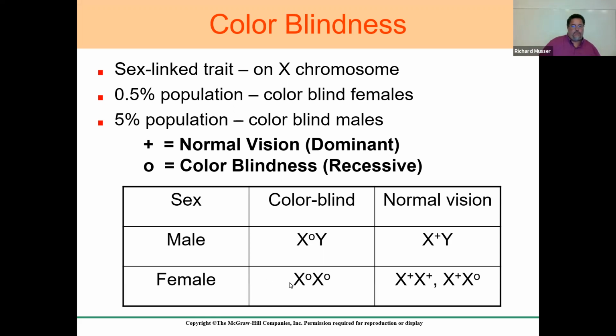While females are only colorblind if they get two X chromosomes with the defective gene. Maybe there's a benefit for colorblindness in some cases. I should be careful what we're using it, but the normal trait would be considered normal, and the recessive trait is colorblindness. Again, that's going to be due to some type of mutation.